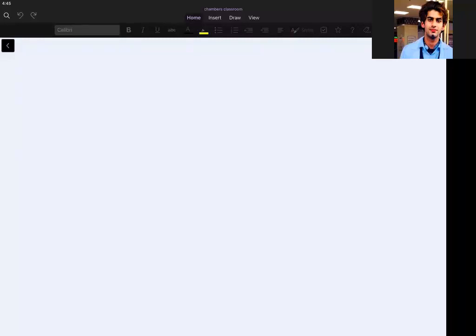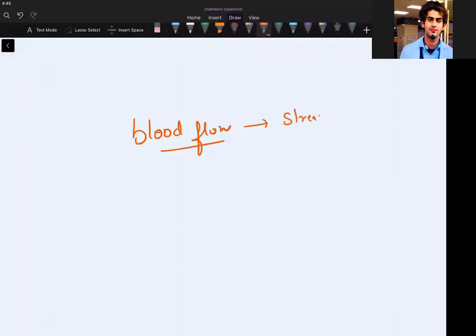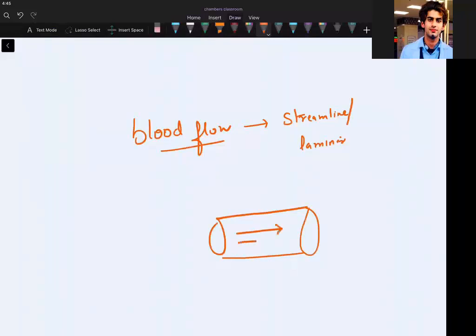If we write something about blood flow, blood flow is a streamline flow. We also call it laminar flow. The concept of streamline flow is that you have a blood vessel, and in that vessel you have all the blood in layers, because fluids flow in layers.